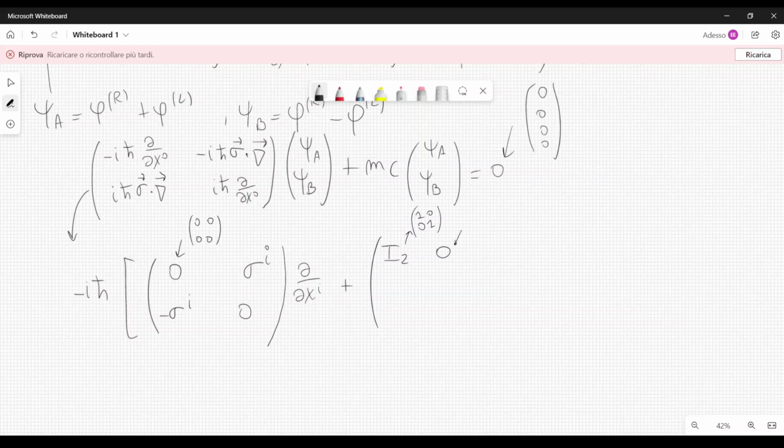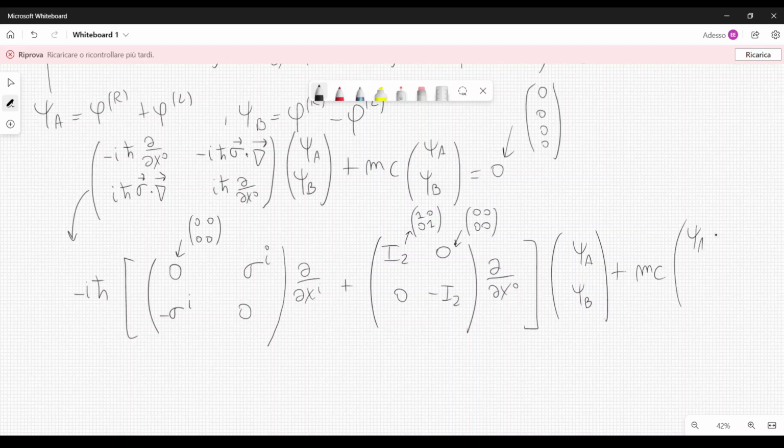Then here we have a 2 by 2 zero matrix, 0, minus I_2, and this acts on the operator d over dx0, like this, on psi_a, psi_b, plus mc psi_a, psi_b equal to 0.